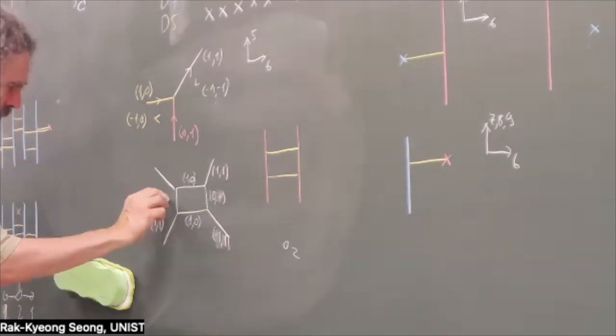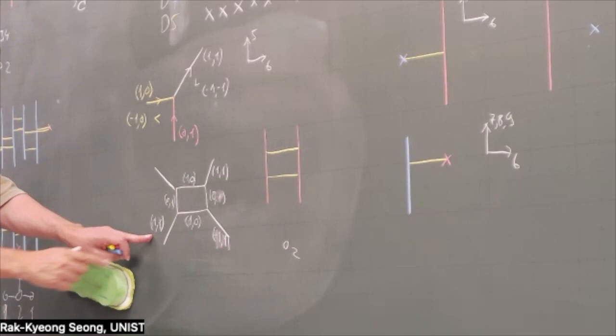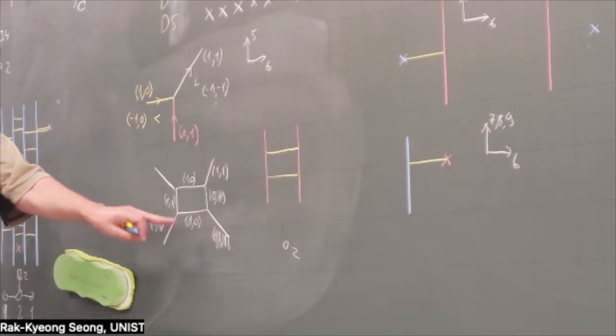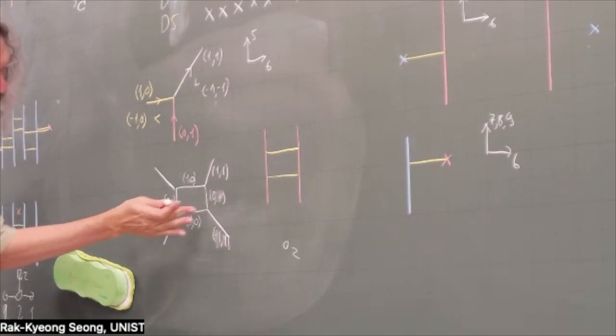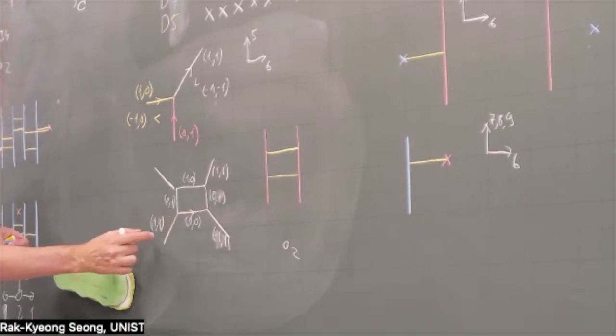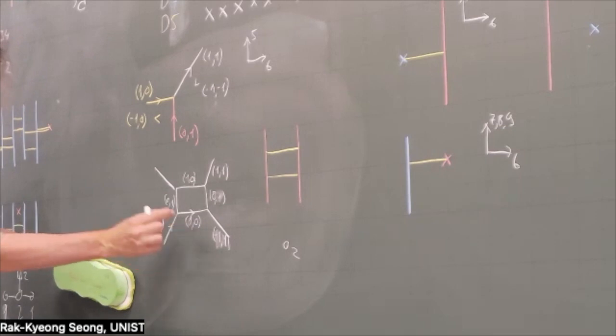This is (0,1). And indeed, now we should be careful about the orientation, right? So (1,0) is coming into here, but going out of here. So I need that this one, which has this orientation, minus this, gives me this.